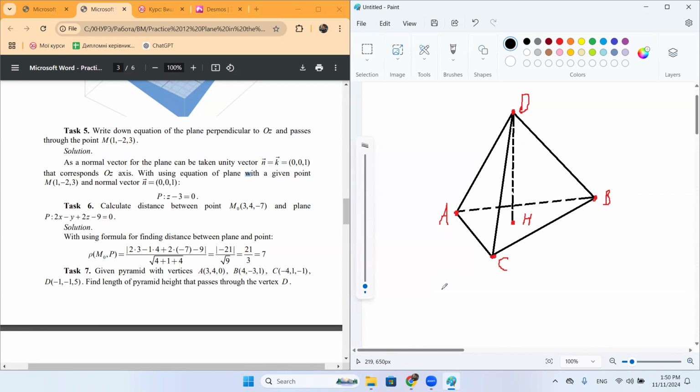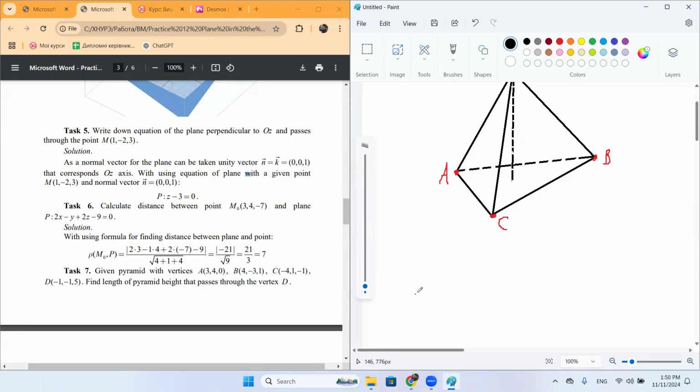No, not always. It's not an ideal pyramid. We don't know anything about it. Basically, we don't even need this point H. So just the distance between the plane and the point. Yeah, so the distance between the plane ABC and point D. That's all that we need.